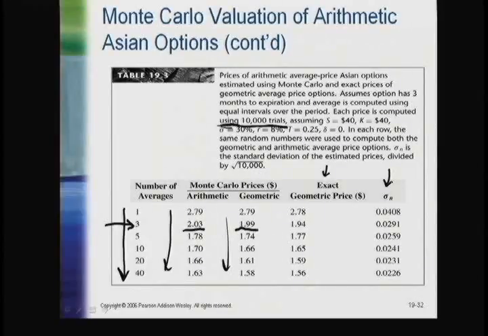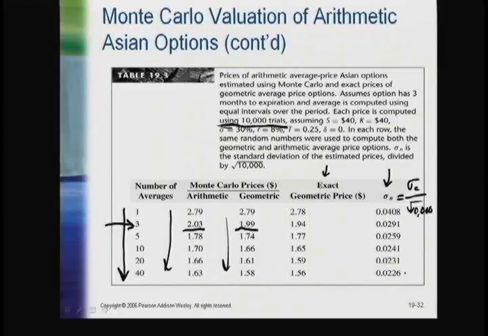And of course, in each one of these cases, this is going to represent, by the formula we had, sigma c over the square root of 10,000, sigma c being the standard deviation of the 10,000 individual Asian payoffs. And notice that the standard error is dropping as I sample more and more.